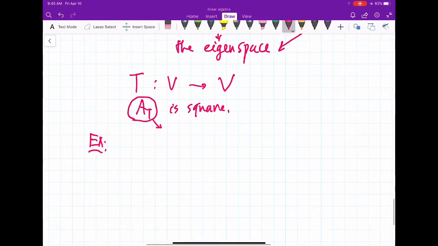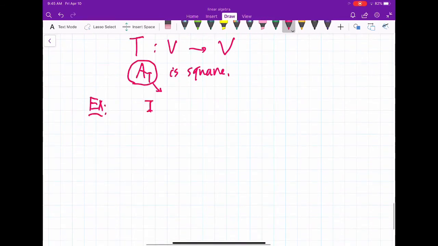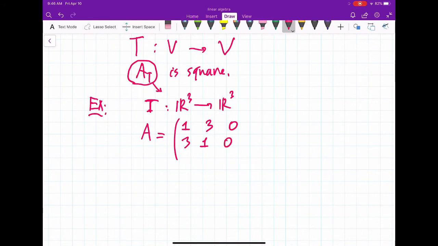Let's consider the following example. Suppose that you have some linear map, linear transformation from R3 to R3, and the representation matrix in the standard basis is 1, 3, 0, 3, 1, 0, and 0, 0, -2.